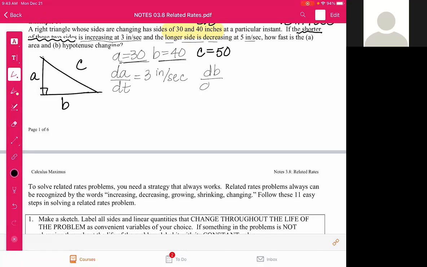So dB/dt is decreasing, that's negative, 5 inches per second. Any questions on how I came up with those derivative equations from the word problem?